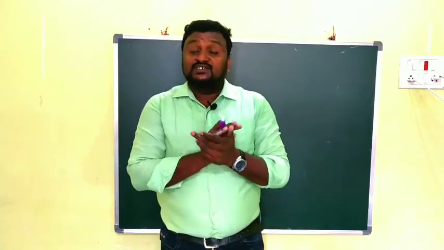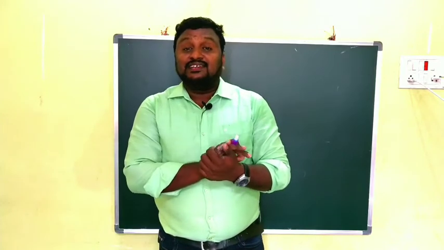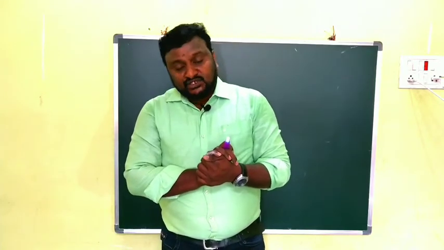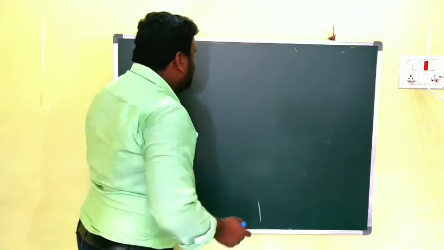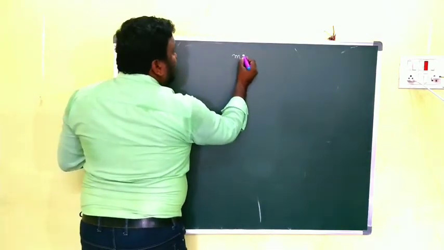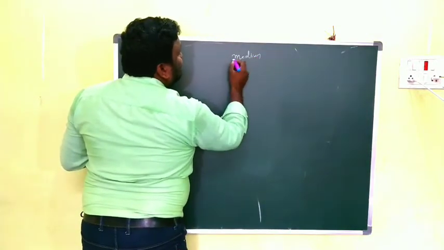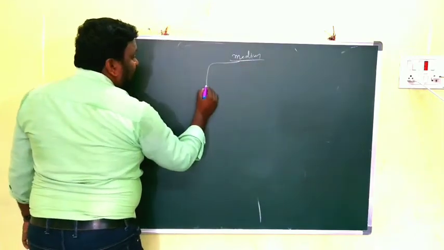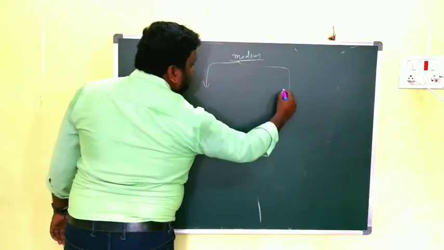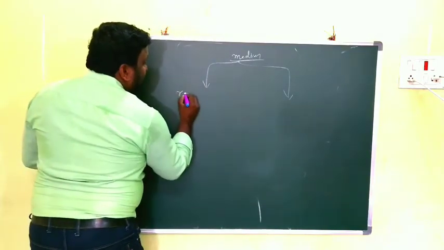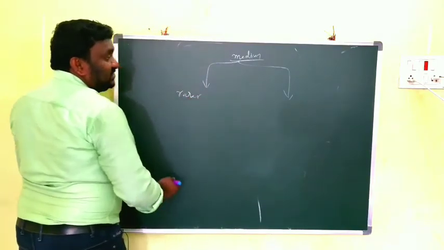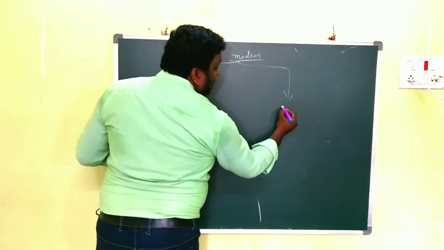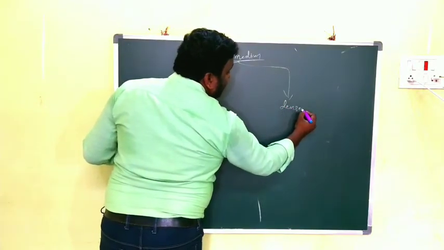So here my question is, why is the light ray bending? Let us see here. Generally the medium which allows light can be divided into two types. The first is the rarer medium, and the next is the denser medium.